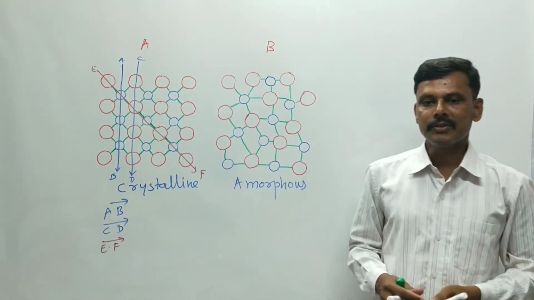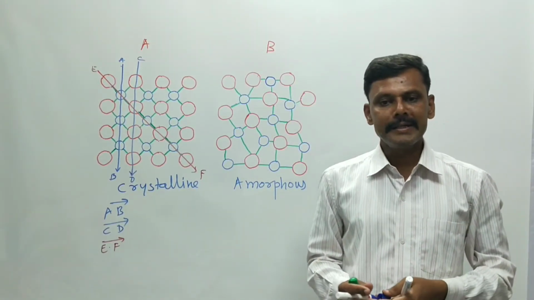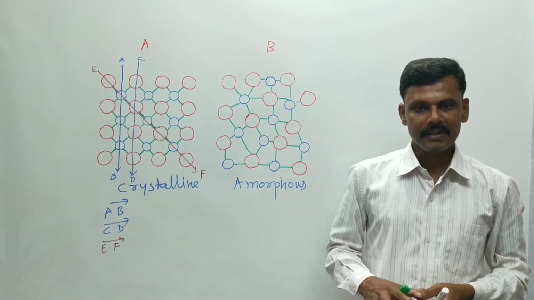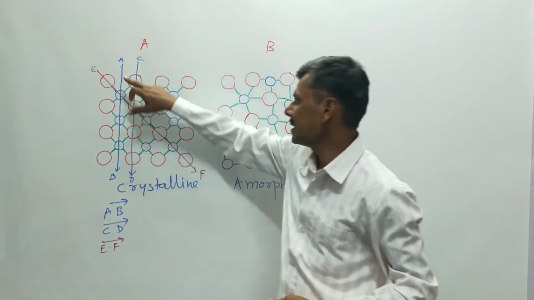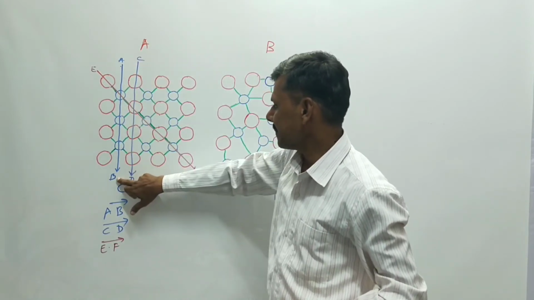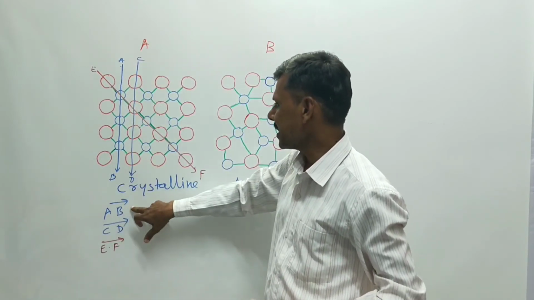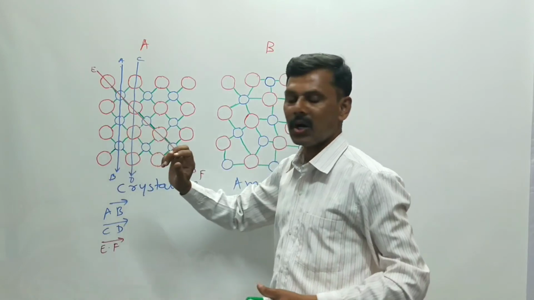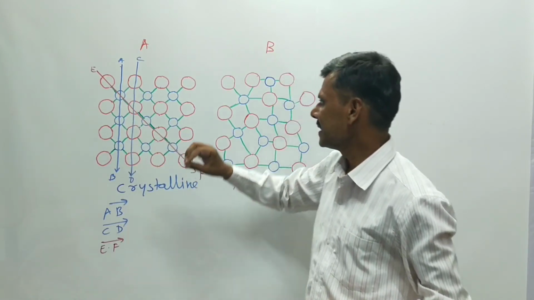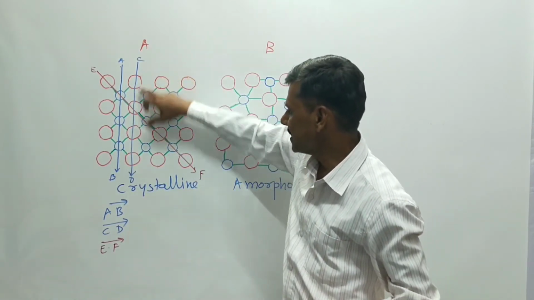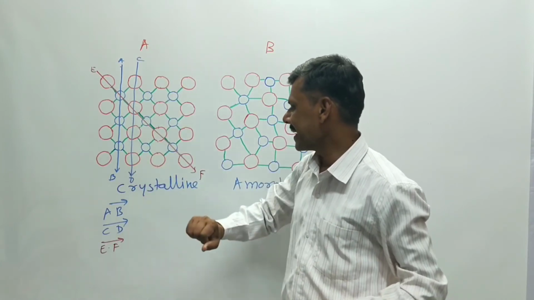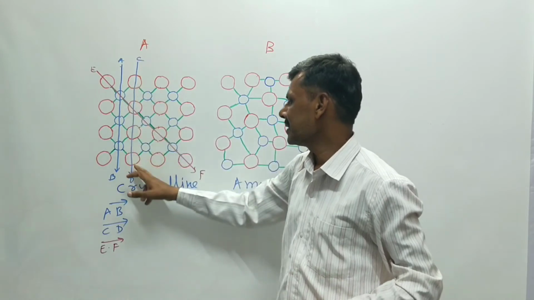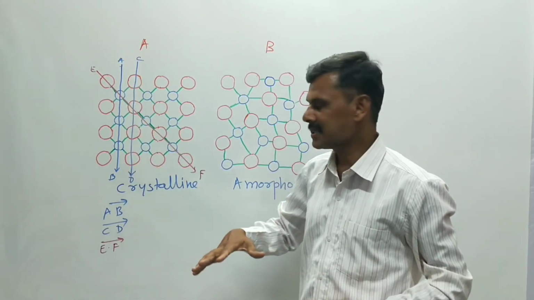So what we observe, in different direction, the arrangement is different one. Means if we go through the direction AB, we get all small size particles. If we study the same crystal, same substance in CD direction, then we get only large size particles.